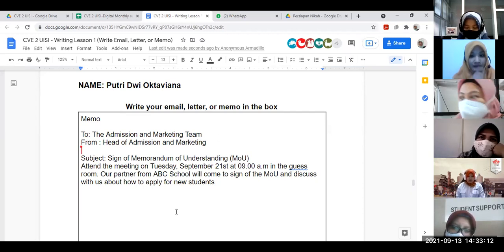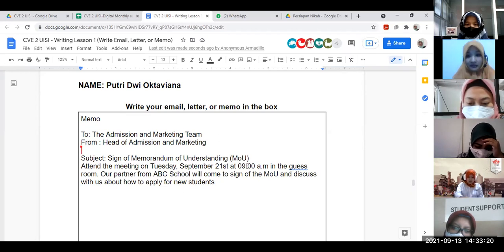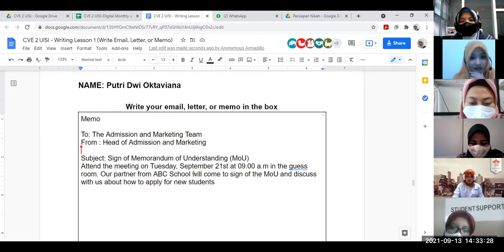I think it's very brief and concise about where and when and what it is about. There are only two sentences here. And because it's the name of the room, you can write it as the guest room.